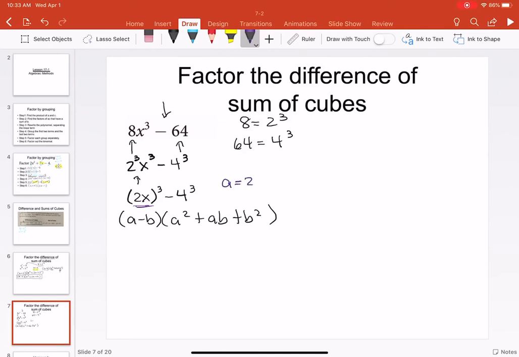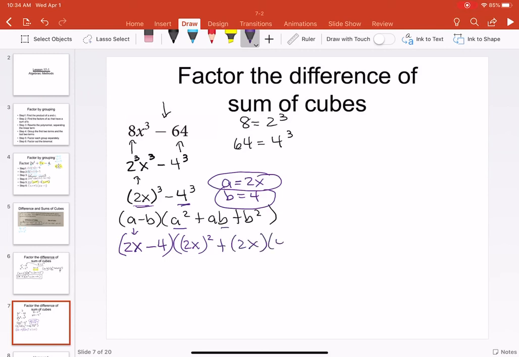A is equal to 2x and B is equal to 4. Then I start substituting. A is 2x minus B, which is 4. Then I have A squared, so I do 2x. Remember, this is A squared, so both terms in there have to be squared. Plus 2x times B, which is 4, plus B squared, which is 4 squared.